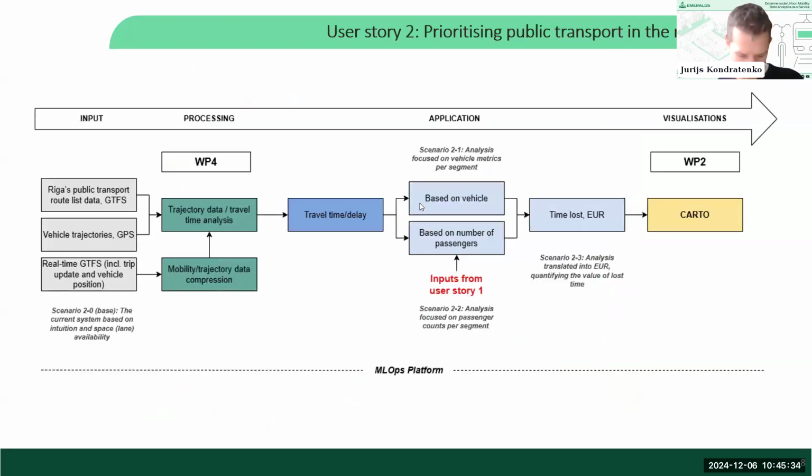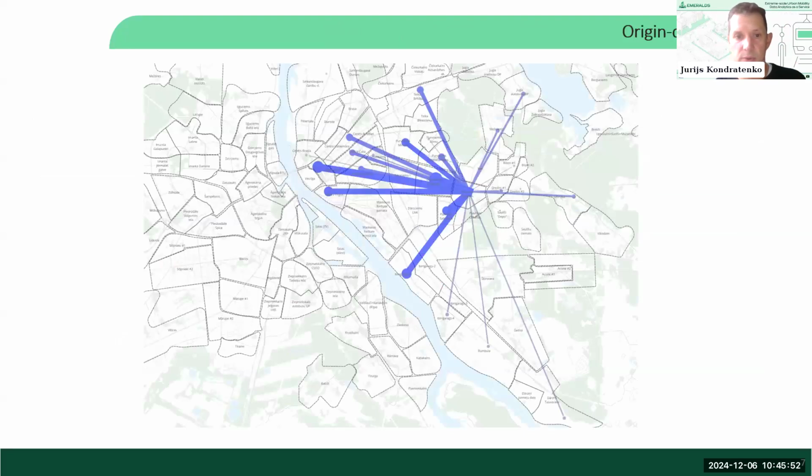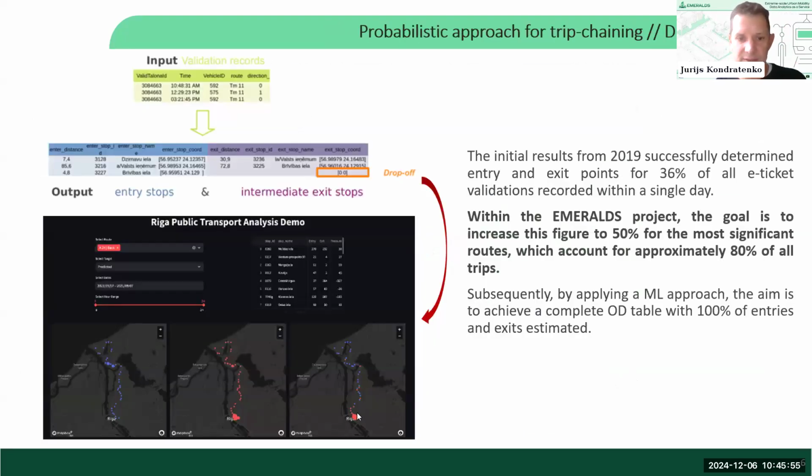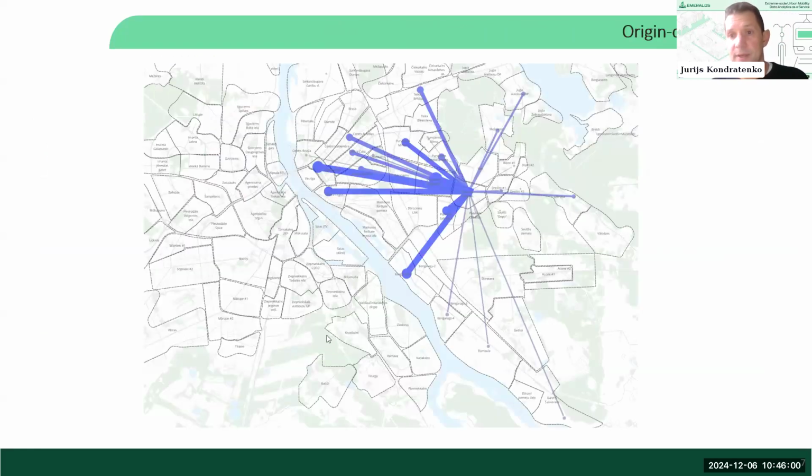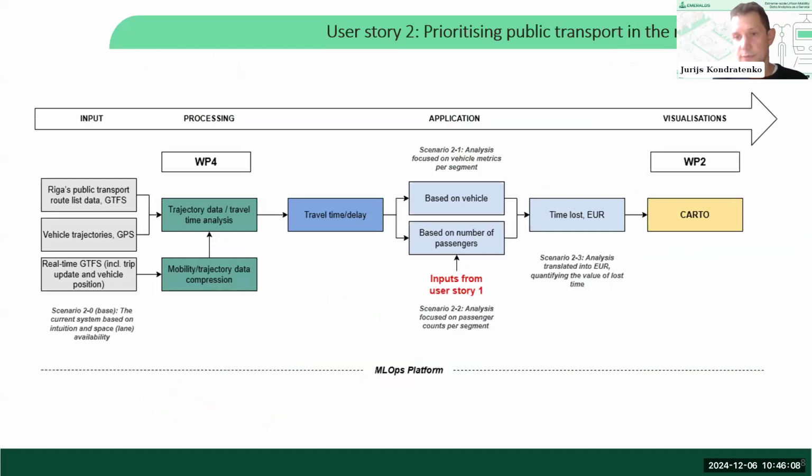All right, so I guess I need to wrap up pretty soon. The next one is the user story that deals with delay, as a starting point. Suppose you have this data, then for each segment we can compute how many people are in a specific vehicle at a specific point in time. Then we can further aggregate this data for the network, for all lines in a specific segment.